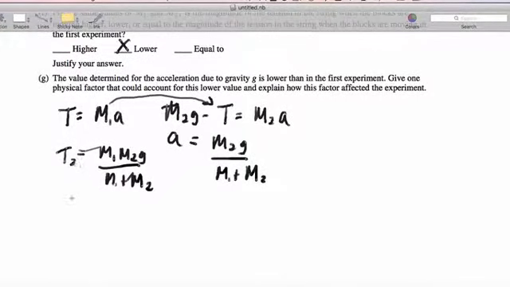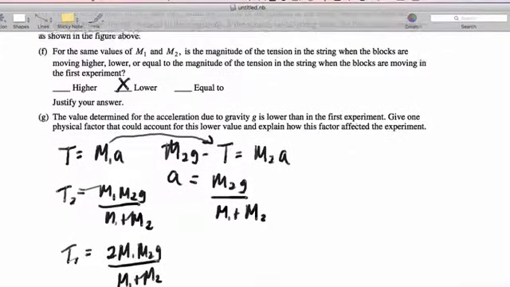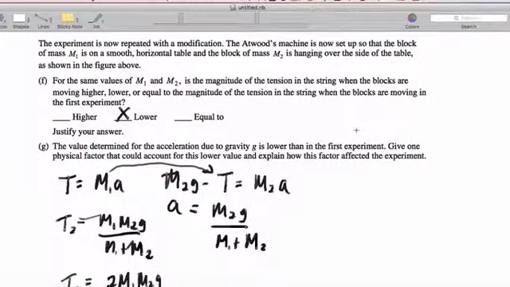So this is T in the second situation, and T in the first situation, I'm getting 2 M1 M2 g over M1 plus M2, and I would just prove it mathematically like that. I know there's deeper ways to get to it, but I'm just going to go with that.